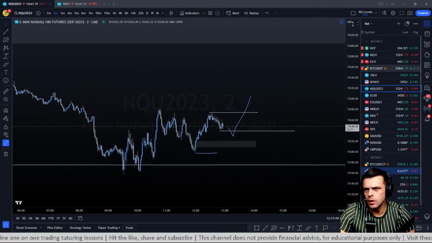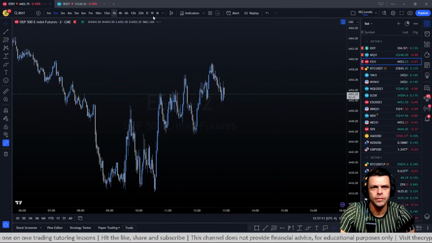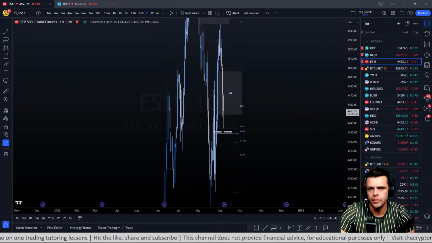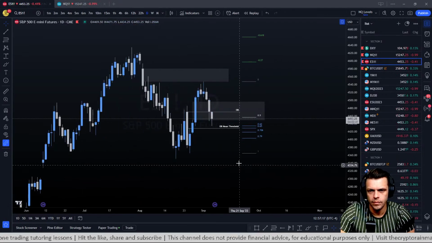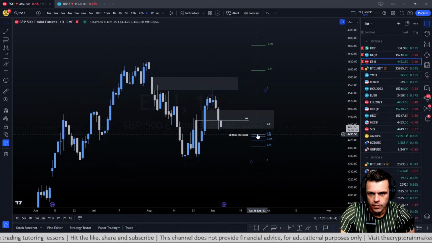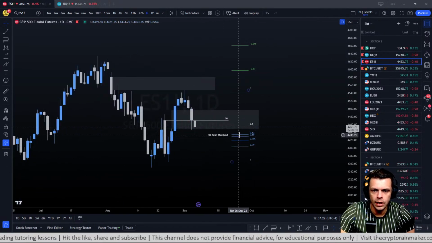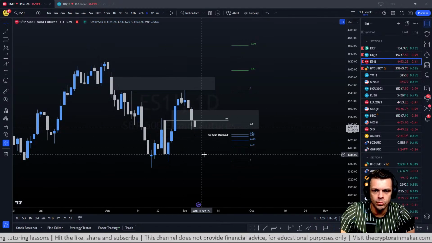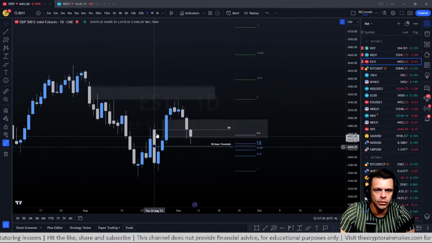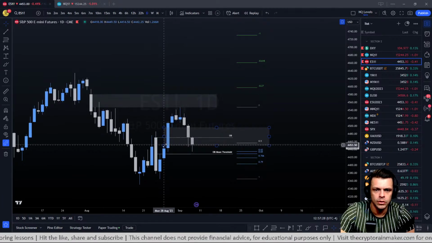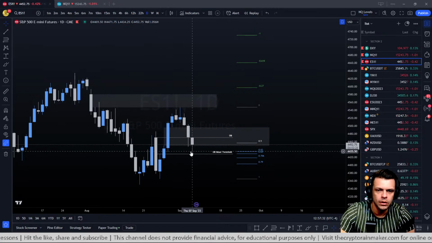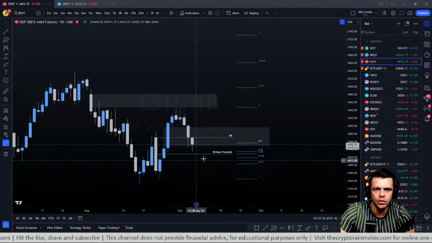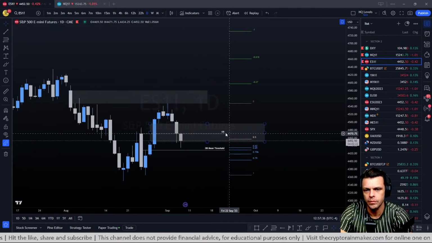All right, let's go have a quick look at ES. See how ES came exactly to the 618 and started to move away from it. Moved into this bullish order block, just past the fair value gap, but it's not closed below it yet. So it just tapped into the 618 and started to move away from it.